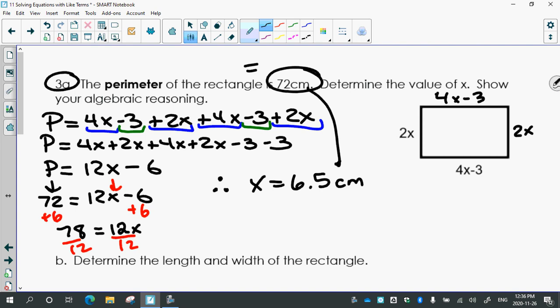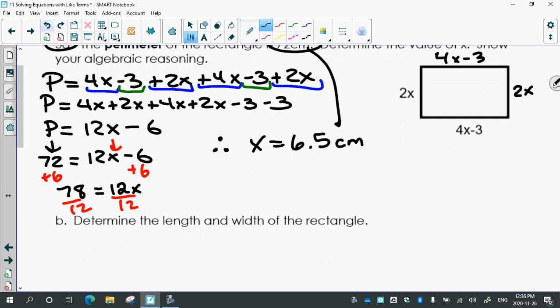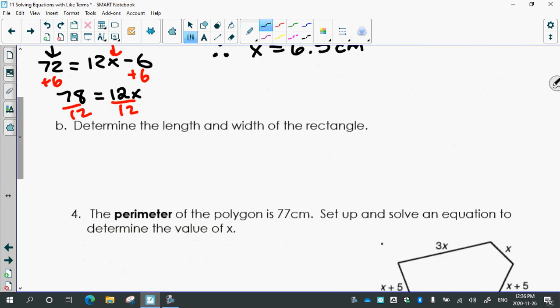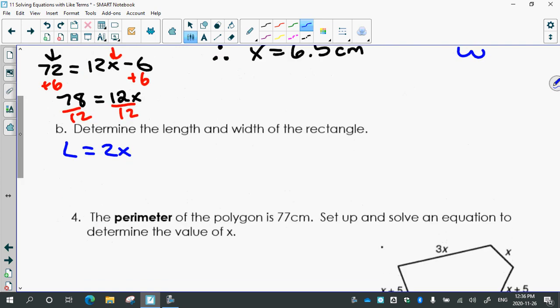Part B, determine the length and width of the rectangle. So this isn't actually that bad. We just have to pick which one we want to be the length and which one we want to be the width. So if I say the length is 2x, because I chose 2x to be my length, I now have a number right here.